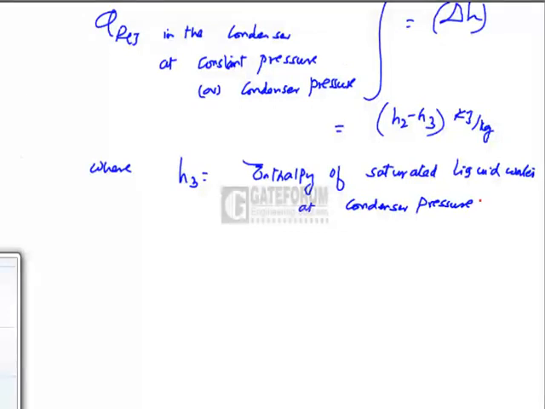After condensation, the steam becomes saturated liquid, that is HF at Cp, that is condenser pressure.